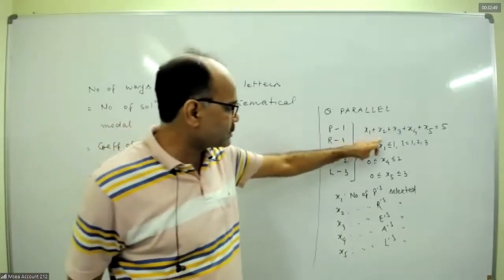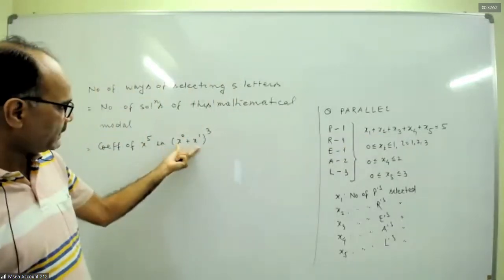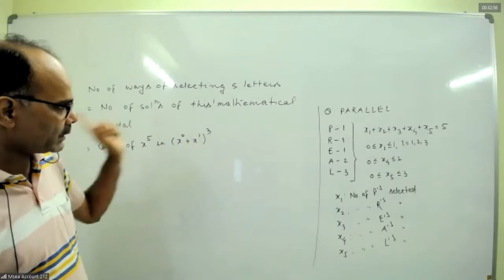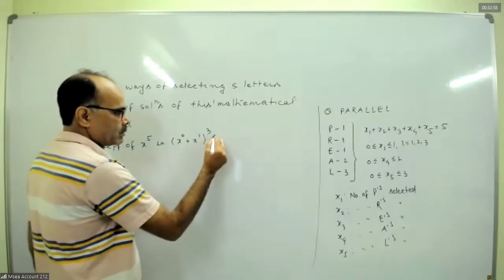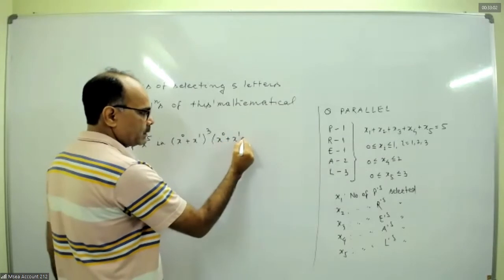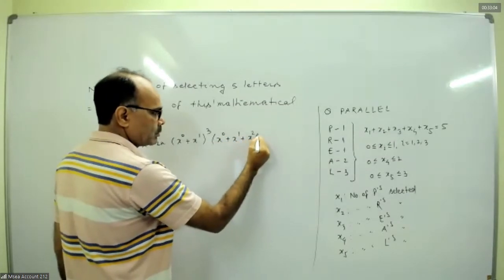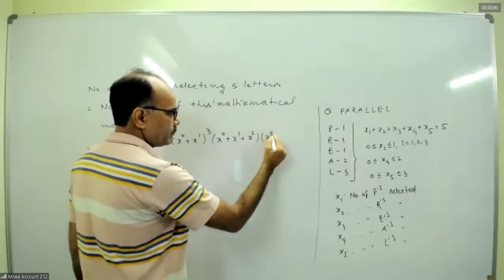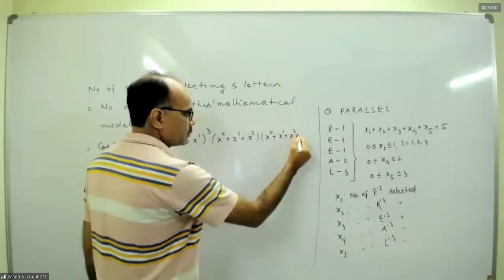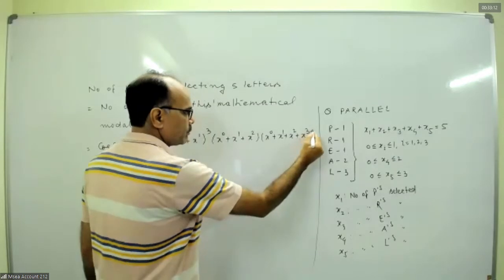Corresponding to x1, x2, x3, the same series will be there. Possible values of x1 either 0 or 1. For x4, x to the power 0, x to the power 1, x to the power 2. For x5, x to the power 2 plus x cube.